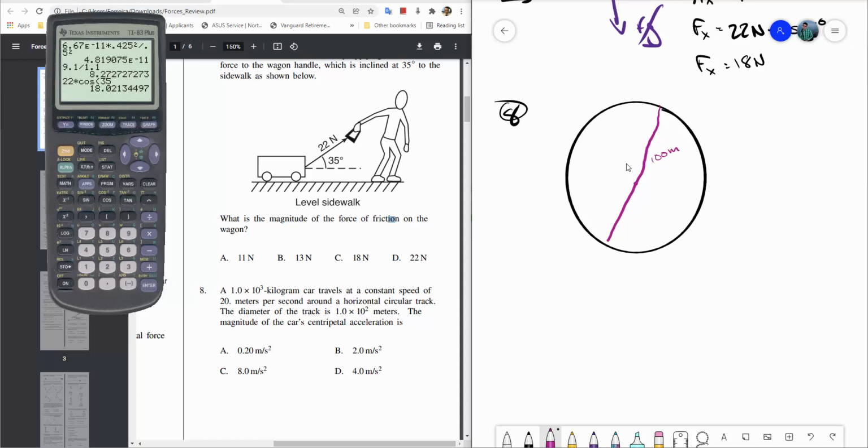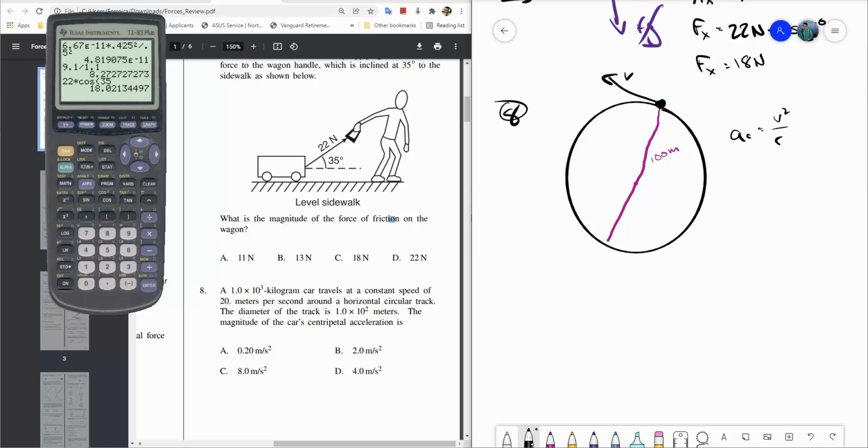That's the diameter. And what's the centripetal acceleration? Centripetal acceleration is equal to the velocity squared over the radius, right? And we know that this car is moving with a speed of 20 meters per second.